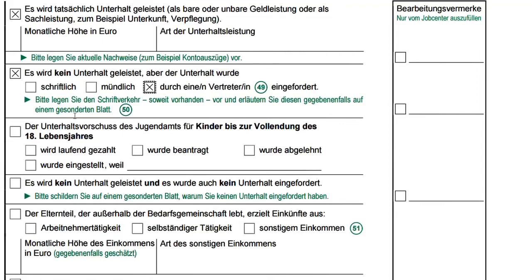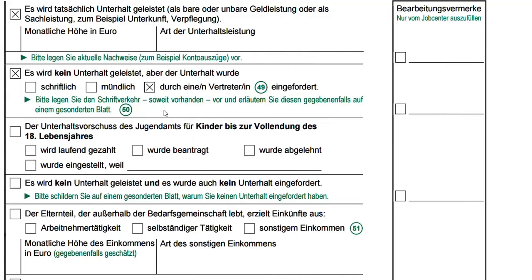And if there has been correspondence about it in a written form, you should send a copy of it to the job center. And if you want to provide more information about it, you can use a separate sheet and write about it in that sheet and send it to the job center.